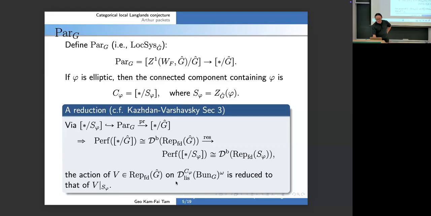The action on the C var phi piece of the derived category of Bun G can be reduced to looking at the action of V restricted to this.